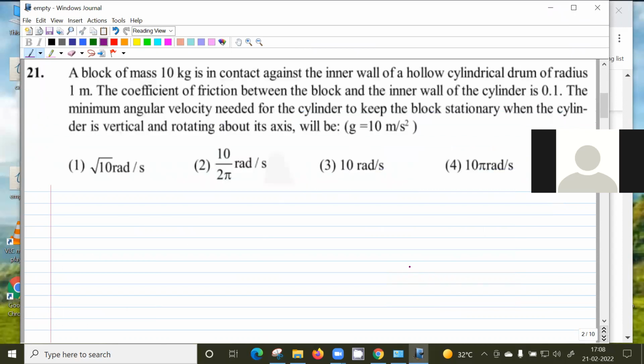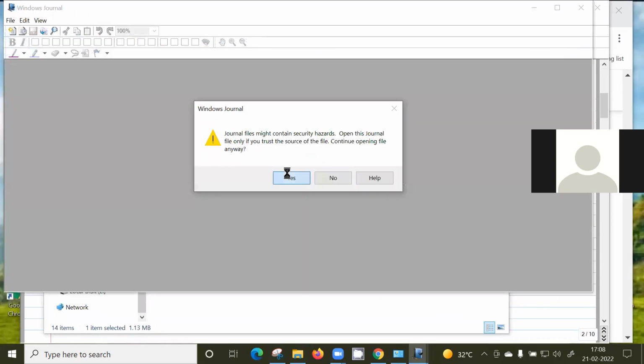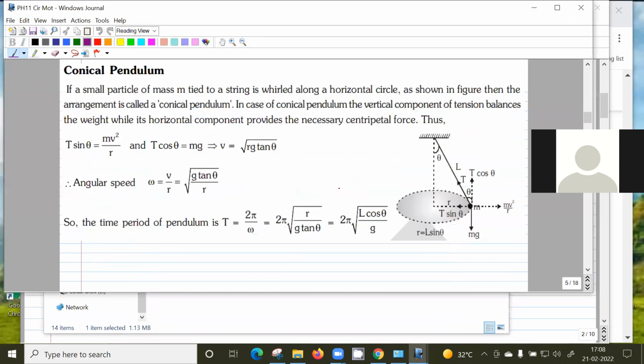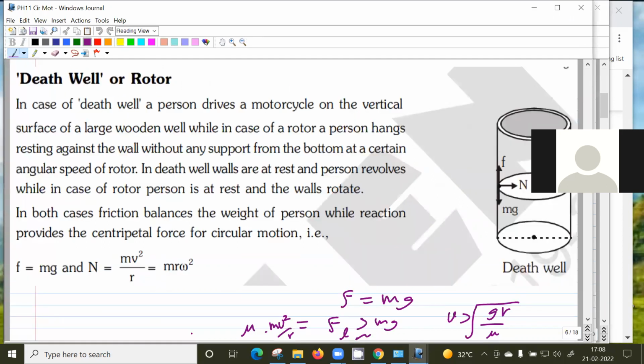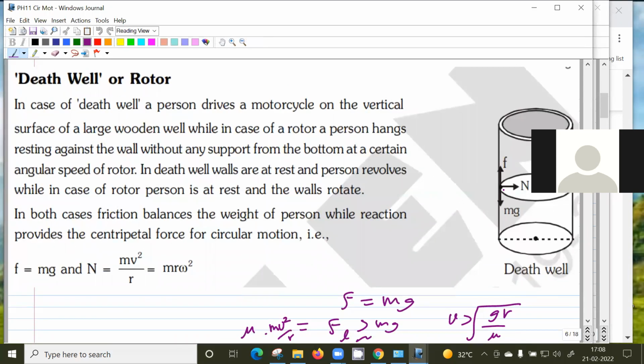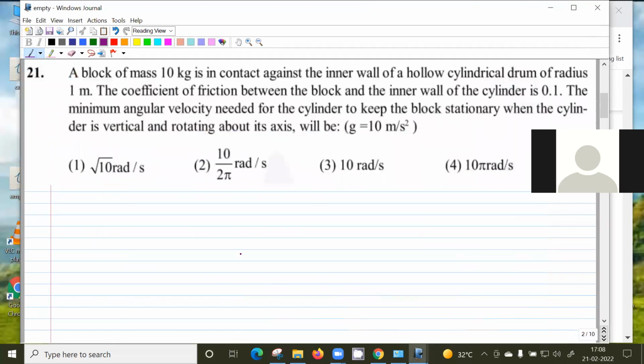This is very simple. I just told the concept, right? This is the concept you have to use in this question. There is a limiting value for the minimum velocity. Maximum velocity can be anything, so you have to find the minimum velocity.